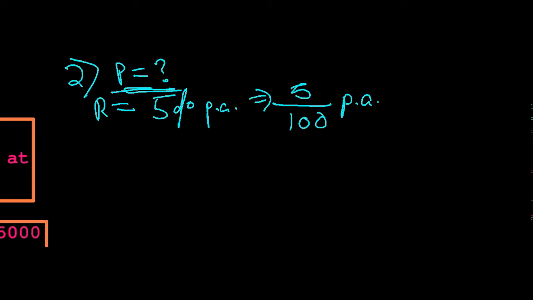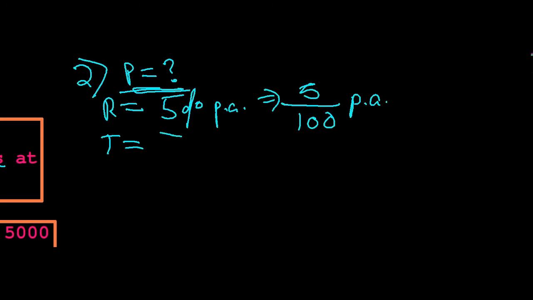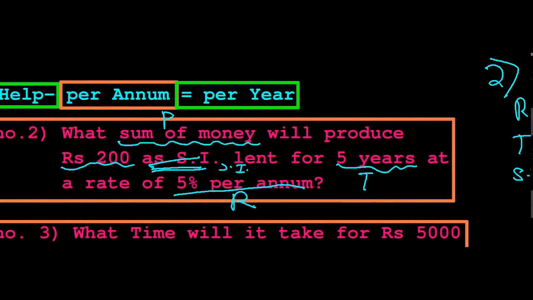The time is given as 5 years, so we will write it as 5 years. And the SI is rupees 200. Friends, see here, the SI is rupees 200.